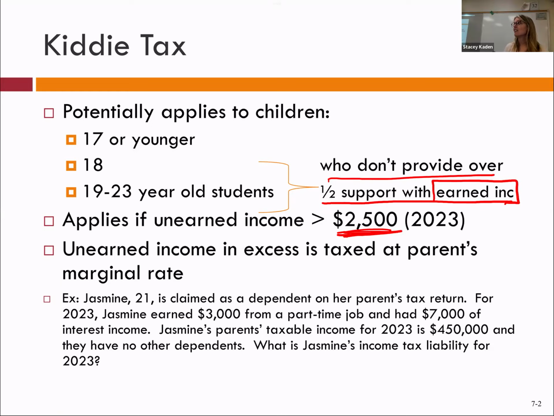Someone gave you a lot of money or gifts that have been invested for you. Before we had this rule, this was a way for higher income individuals to shift income that's being taxed at 37 or back then 50% down to 10%. That's a good tax planning strategy, right? Save 50% on tax potentially.